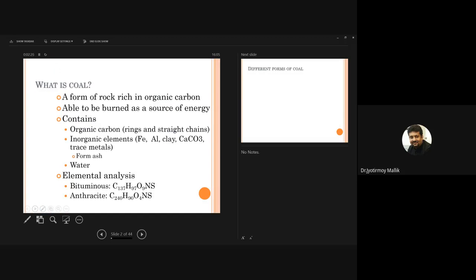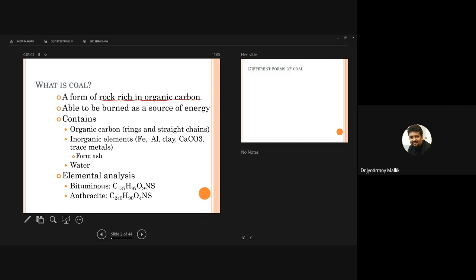So, what is coal? It's a form of rock rich in organic carbon. That is an important point to remember: a rock which is rich in organic carbon. In earlier days, these sorts of questions were generally asked in exams: whether you classify coal to be a rock or not, and then you have to add certain pros and cons for that argument.